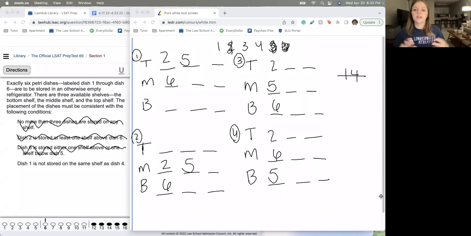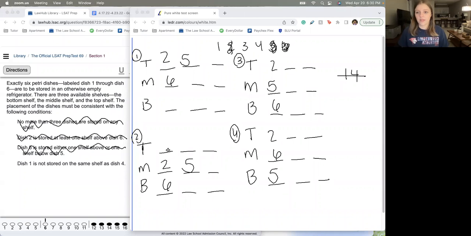So in this case, because I have so many different worlds, for example, in that first one, 1 can go on the bottom, 4 can switch between top and middle, 1 can go in the middle, 4 can switch between top and middle, 1 can go at top, 4 can switch between top and middle, and it does that for the other 3 worlds. I'm coming up with, I don't even know, I can't do math right now, a lot of worlds.